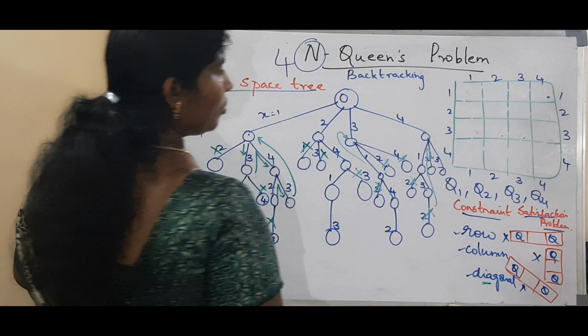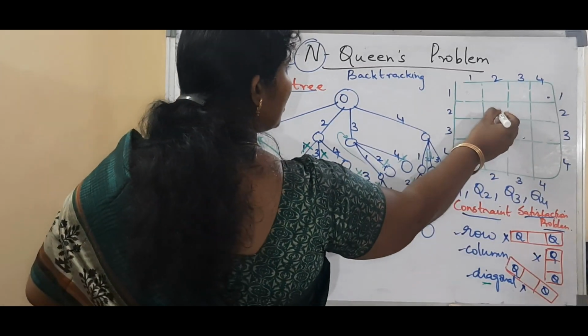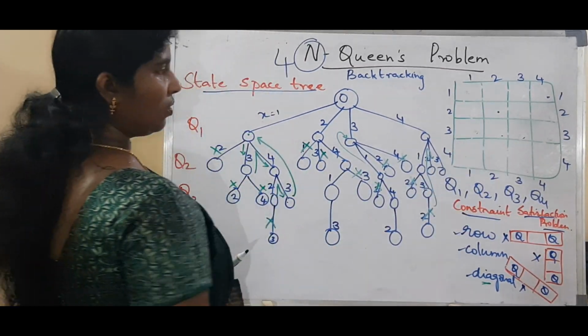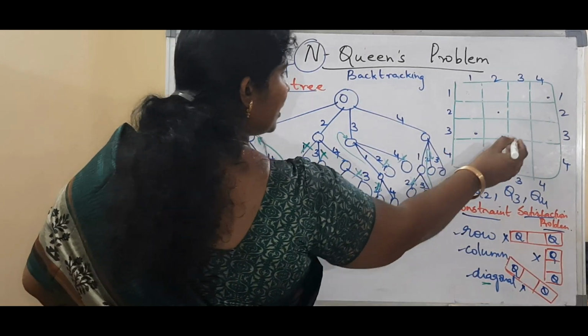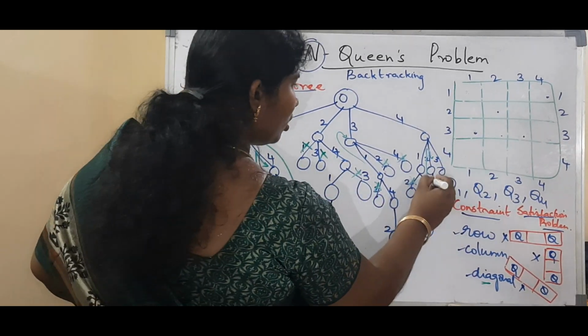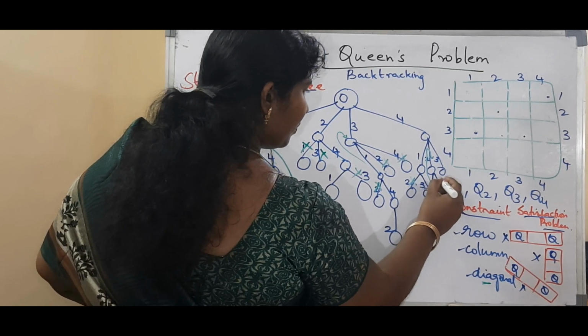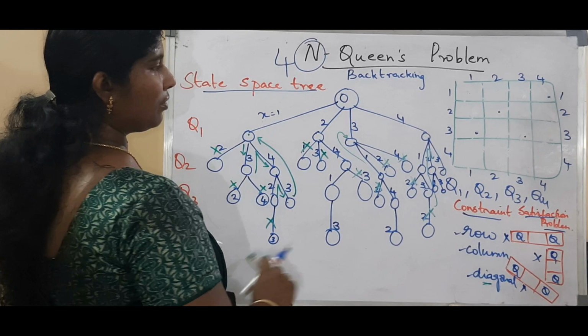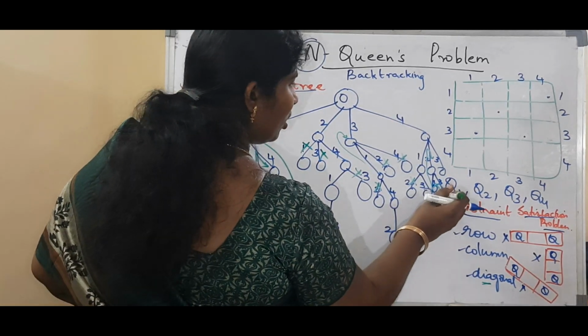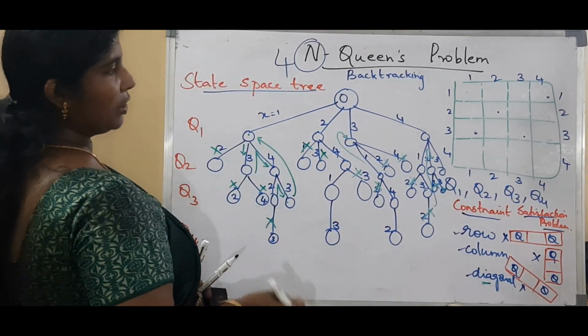First one in the fourth location, second one in the second location, no problem. Then the third one, I either place it in 1 or 3. Both are going to be diagonally affected, so they are not going to be a good solution.